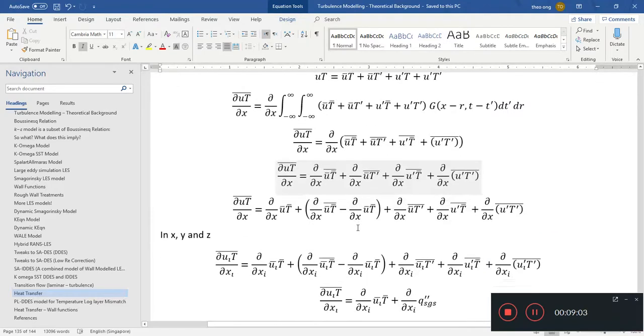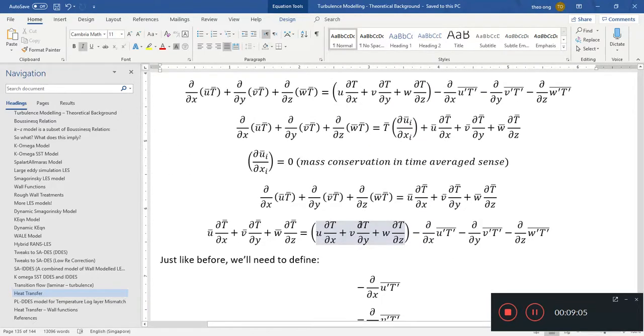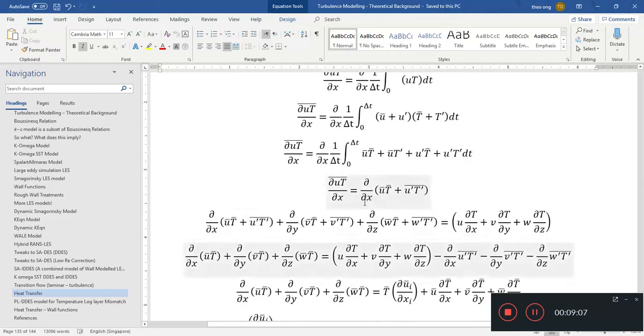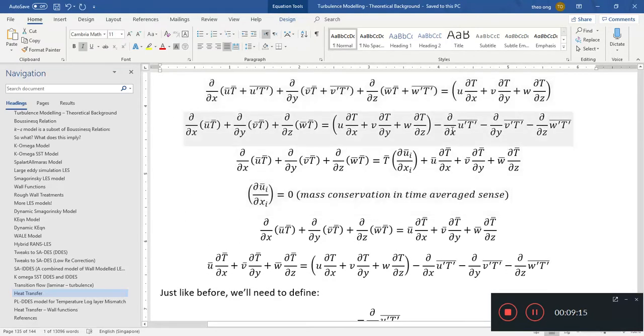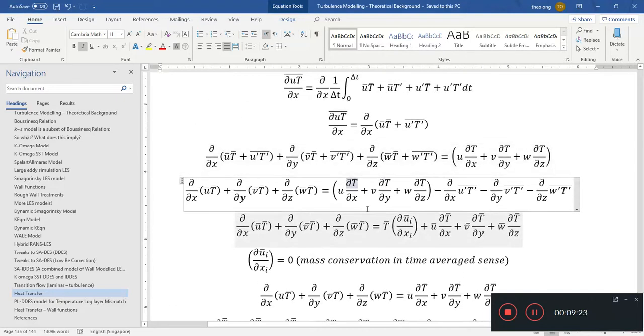Okay, we can take a look at our original equation, which is, I believe, over here. Okay, I think I forgot the bars here. Anyway, yes, there should be bars here.